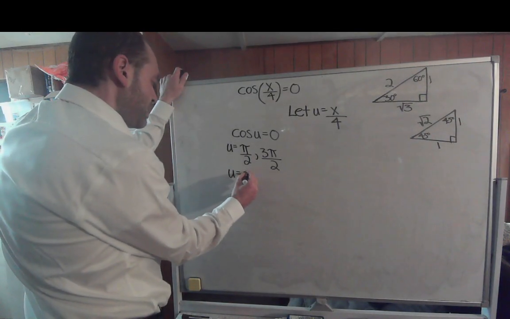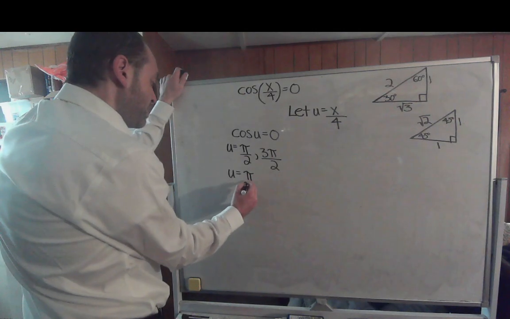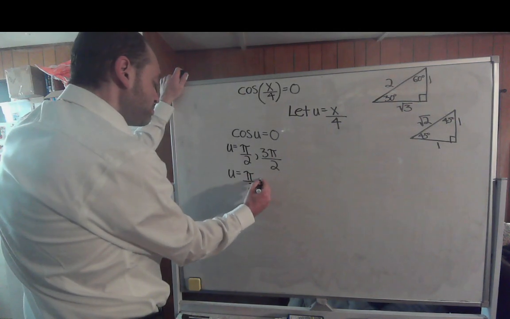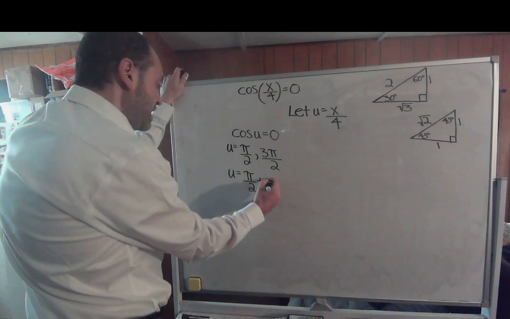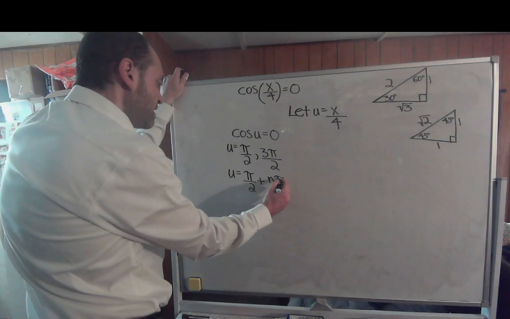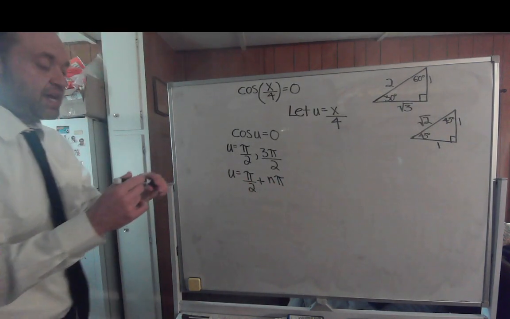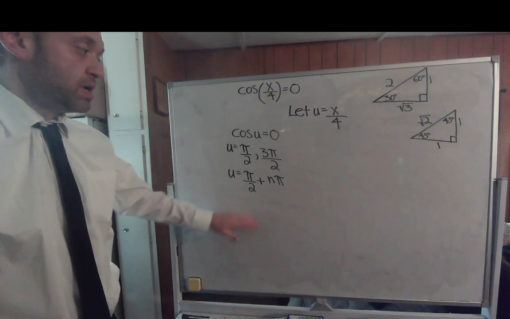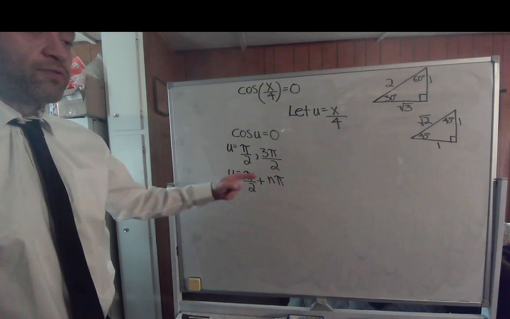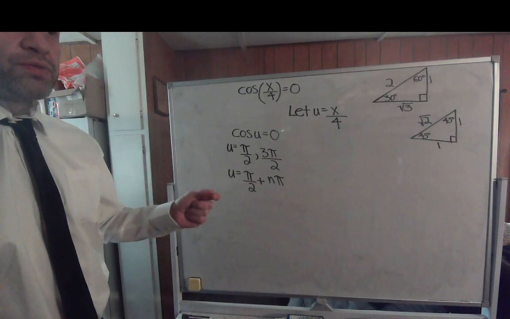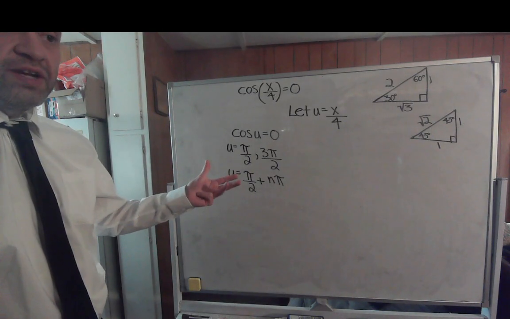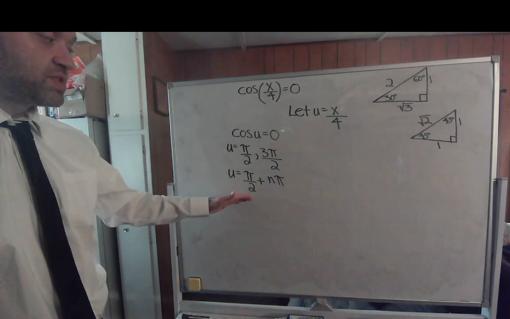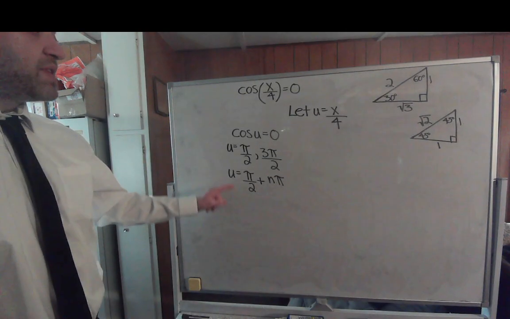So you would end up having pi over 2 plus n pi. If you did pi over 2 plus n pi for your u, you would get every single interval from 0 to 2 pi and any other intervals from negative infinity to infinity where you get a cosine of 0. But that's for u.